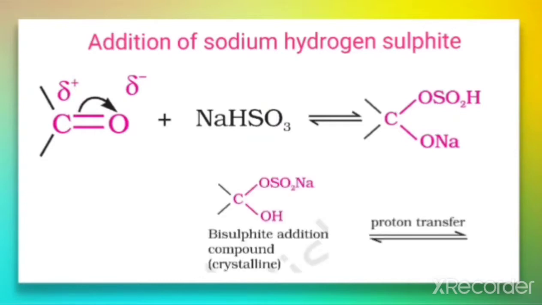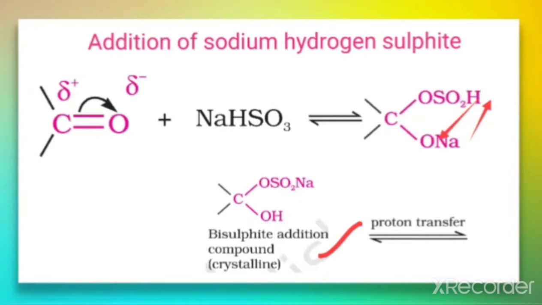Then because of the proton transfer, the product which is formed is called the bisulfite addition product. What is proton transfer? That means here the Na will be shifted to this side and this H will be shifted to this side.